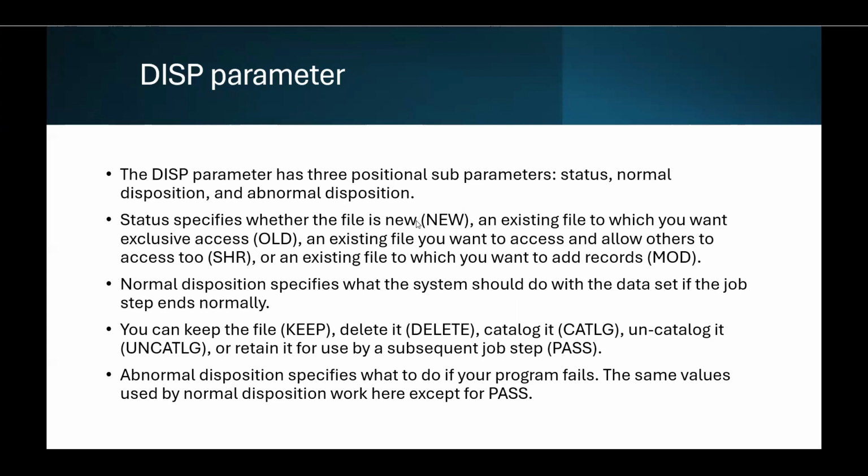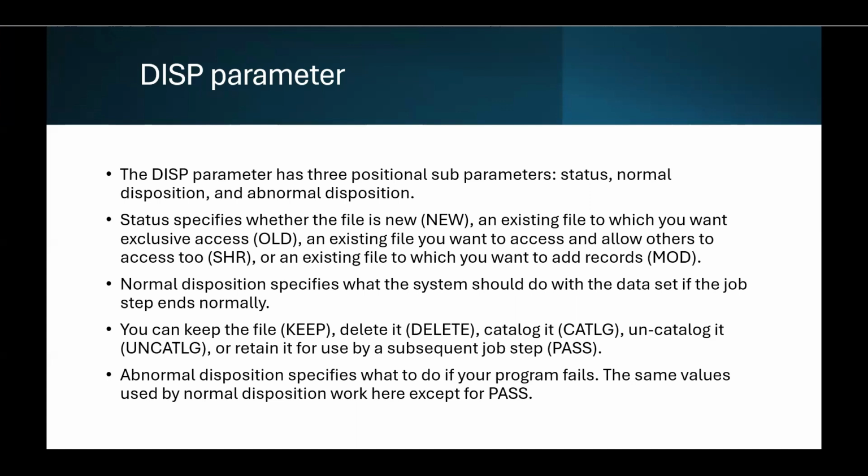So these are the statuses specified for the file. If your file is new, then you should provide the option as NEW. If it is an existing file and you want exclusive access to that file, then you should provide the status as OLD.